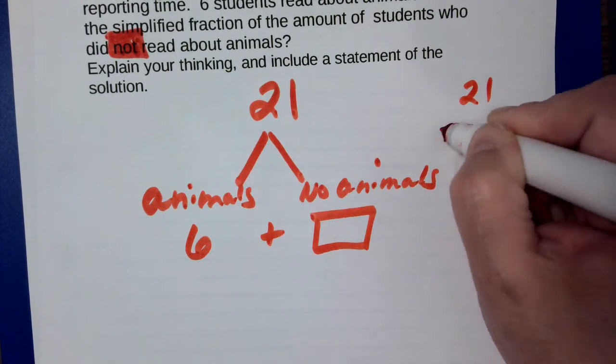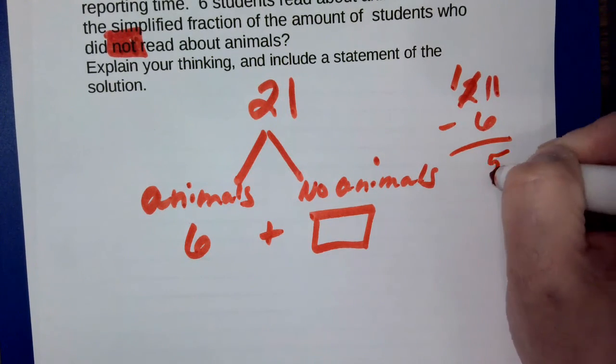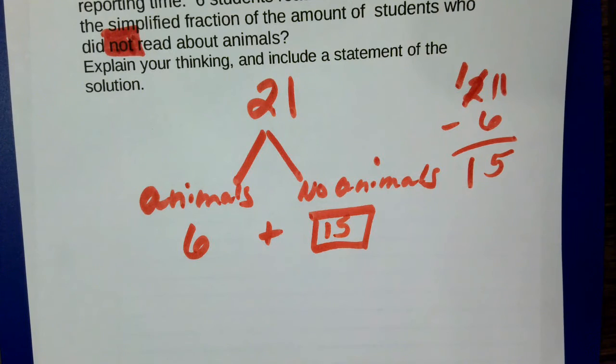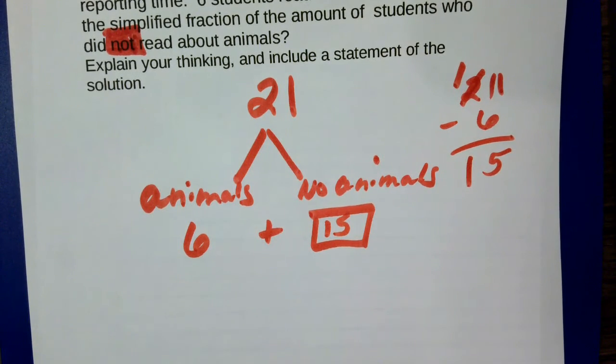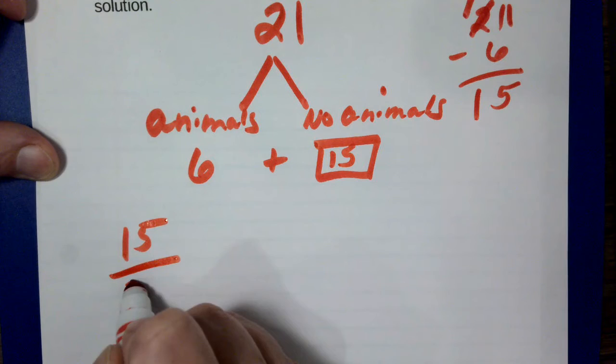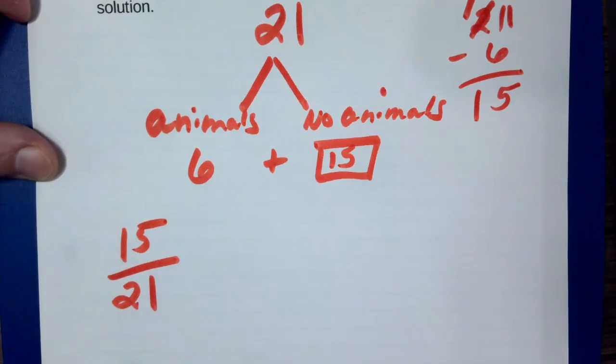So I'm going to take 21 and subtract 6, and I'm going to say that 15 did not read about animals. Now, I'm pretty sure that my answer that I have, 15/21, is a pretty good answer, but it asked me for the simplified fraction.